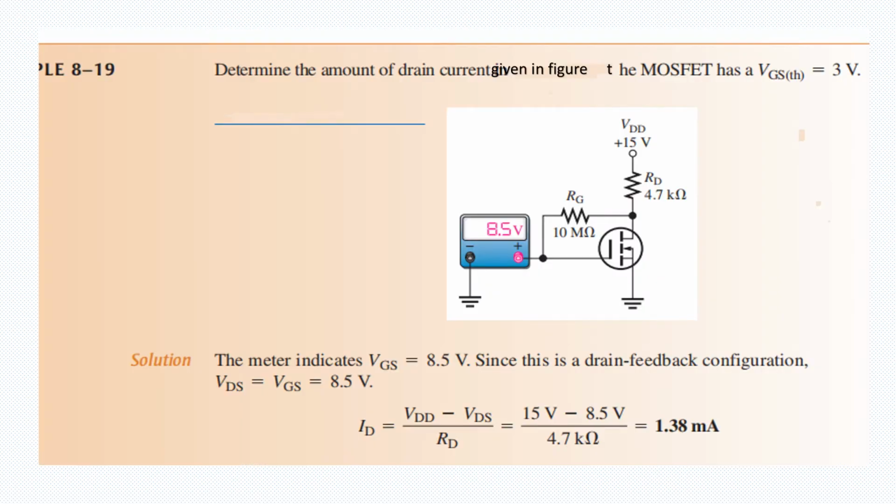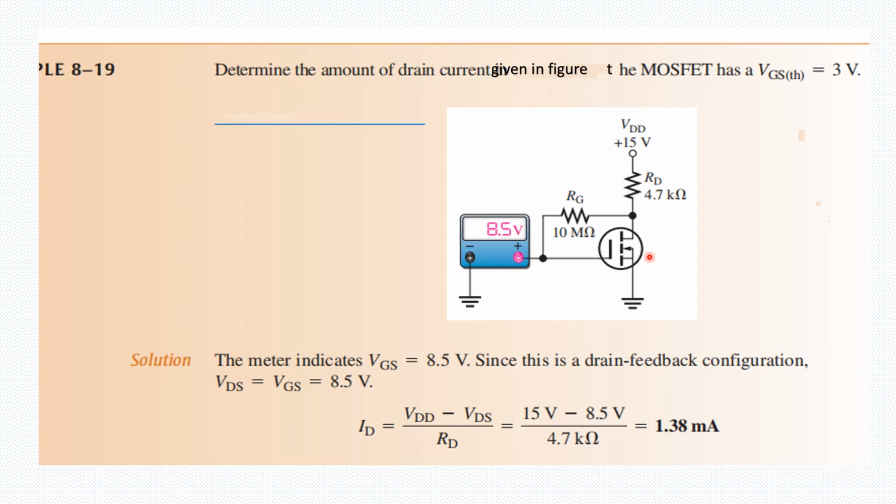Try to solve the problem here. Determine the amount of drain current given in the figure. The MOSFET has a threshold voltage equal to 3 volts, an inherent value that will be given in the data sheet. This is mostly a Multisim simulated problem. The meter indicates VGS is equal to 8.5 volts.